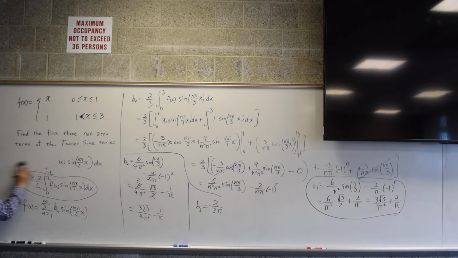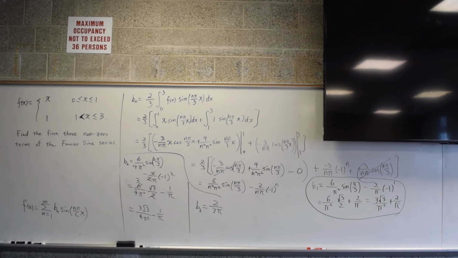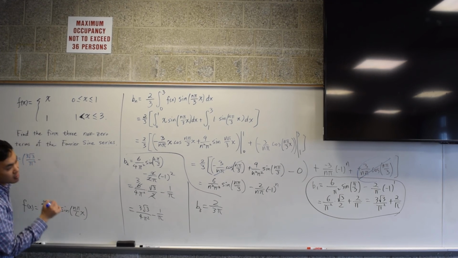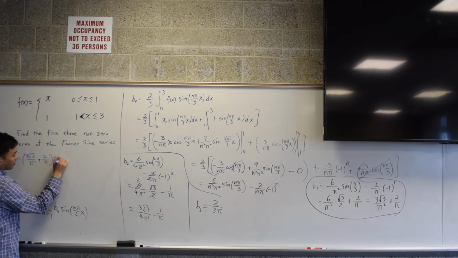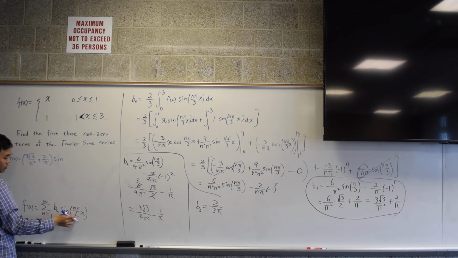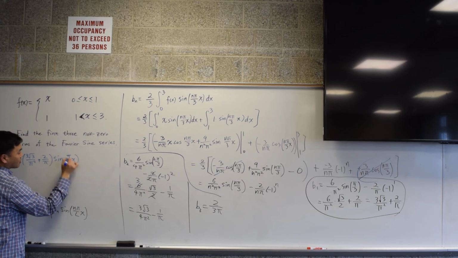So let me erase this part and write down the final answer. You have f of x equal to B1, which is 3 radical 3 over pi squared plus 2 over pi, times sine of 1 pi over, what's our L? 3, right? So it's pi over 3 x.